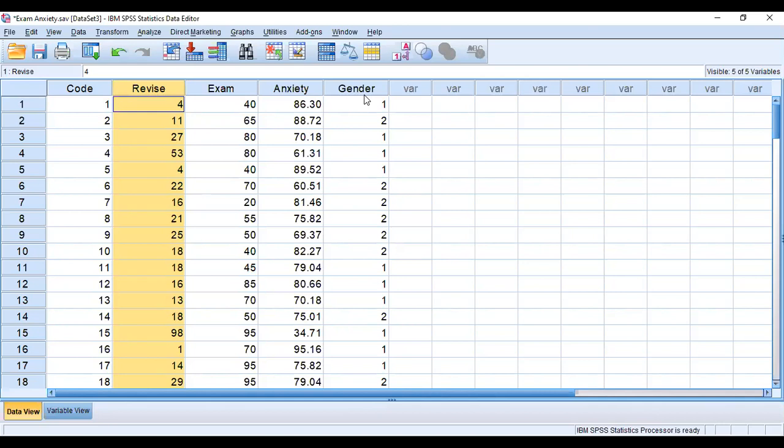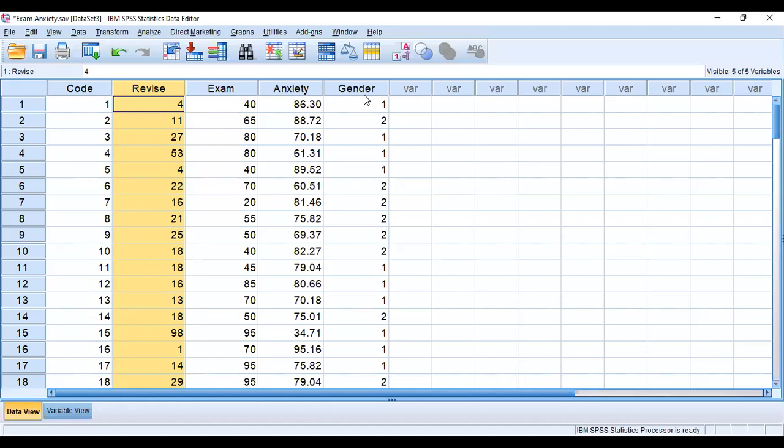It means if a person gives less time to his study, his anxiety will be higher or lower? I think if we give more time to our study, what would be the relation with anxiety? Anxiety would be less or more?